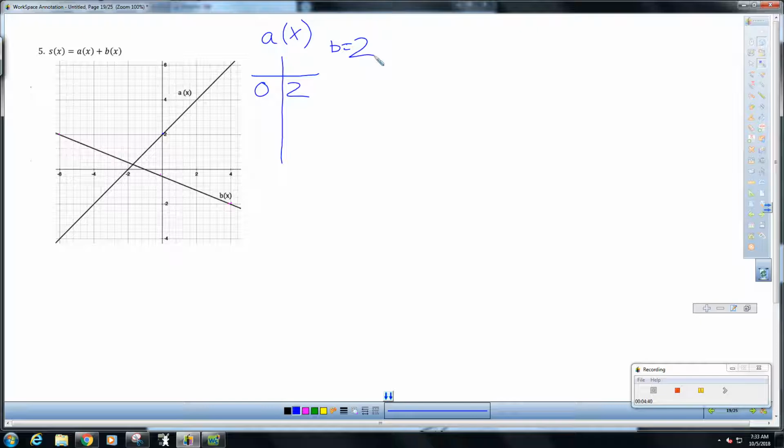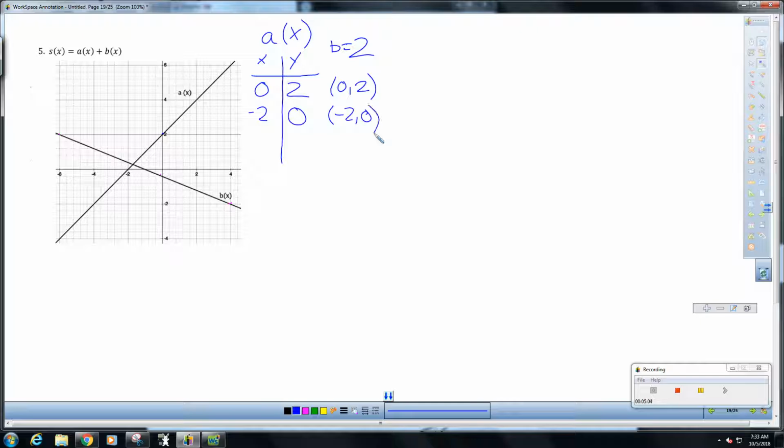Keep looking at a of x. I know that at negative 2, I get 0. And I think that's all the information I need, because I can get the slope from these points. The points 0, 2, and negative 2 comma 0.